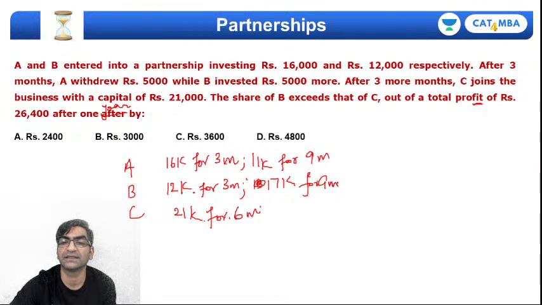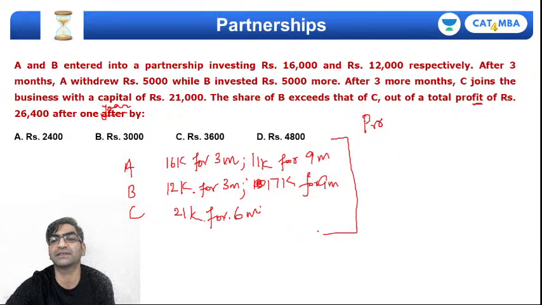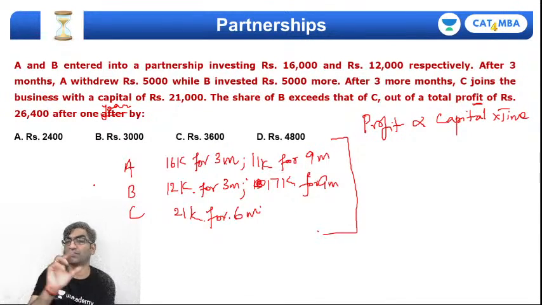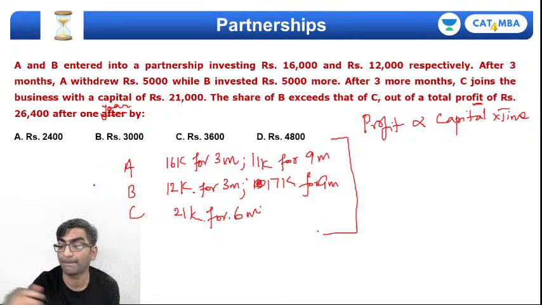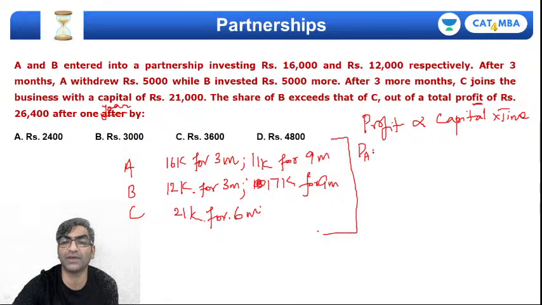Now typically in a partnership problem, profits are directly proportional to the capital invested into the time period of such investment, right? And you can see that for A and B, there are different sums for different durations of time. So the profit sharing ratio, profit of A to profit of B to profit of C, should be in terms of investment. For A, 16k into 3 plus 11k into 9.